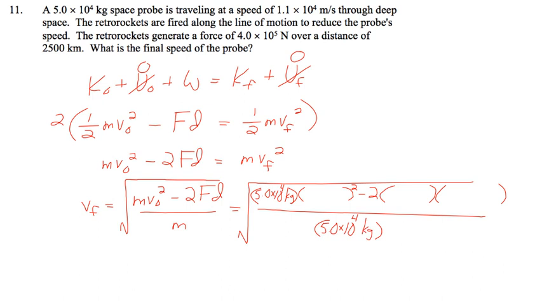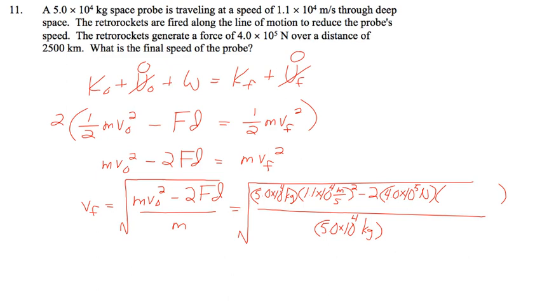The original velocity is 1.1 times 10 to the 4th meters per second. The force is 4.0 times 10 to the 5th newtons. And again, that would be a negative force, but I've already taken care of the direction in my energy equation.